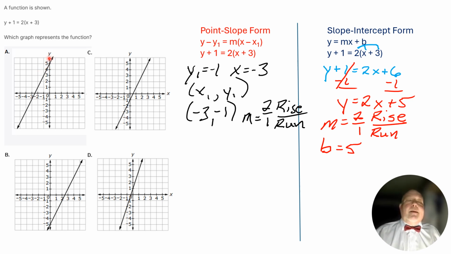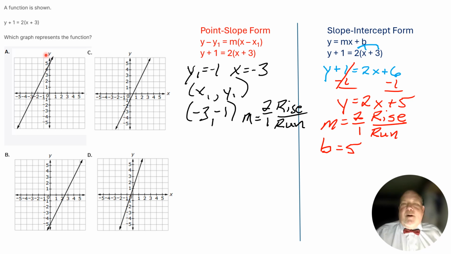Now, I always teach my students when they rise, you go up, and then you either go left or you go right. And if it's a negative slope, you go left. If it's a positive slope, you go right. Now, your teacher might have taught you differently, and that's fine. That's not incorrect. That's just the way that I teach it. Okay. But if you look, I don't have room to go up 2.